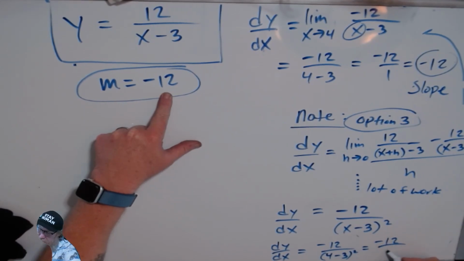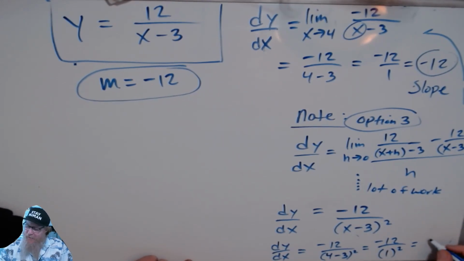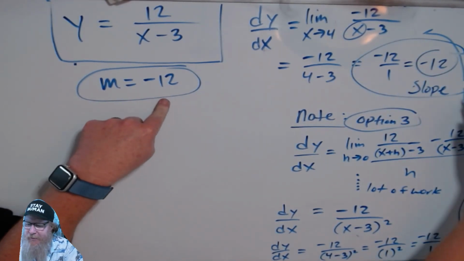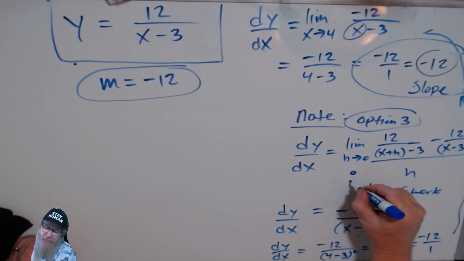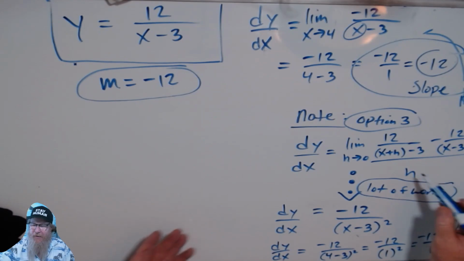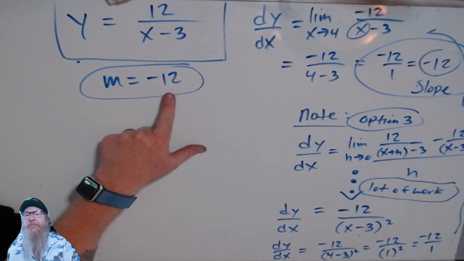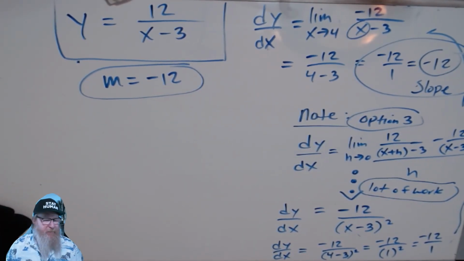The only difference doing it this way is the denominator now is 1 squared, but 1 squared is still just 1, and you still get exactly the same result either way. So I just put dot, dot, dot. This is a lot of work if you would have chosen option 3, but it still would have given you the same result. I'll leave that out there as a curiosity quest for yourself.